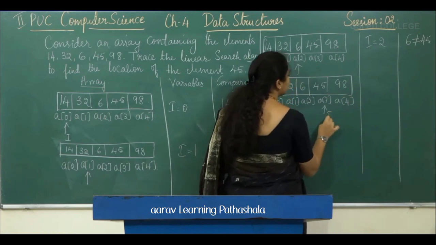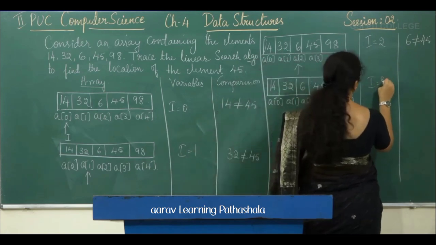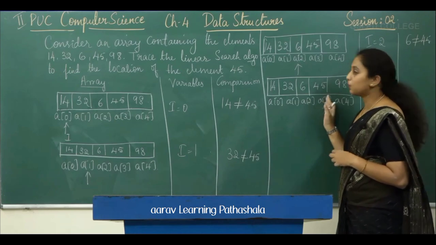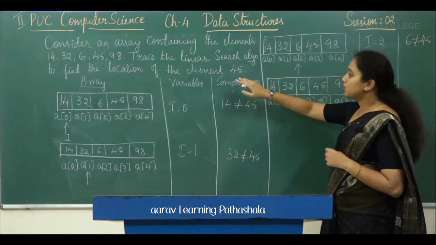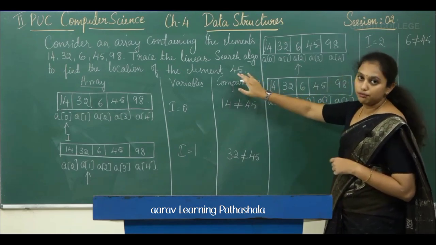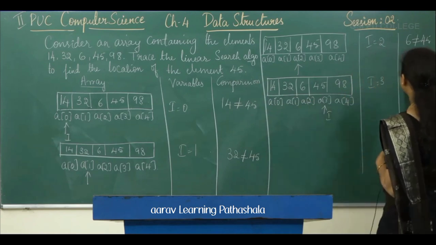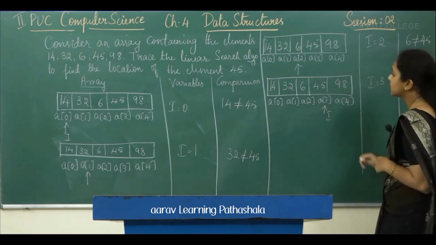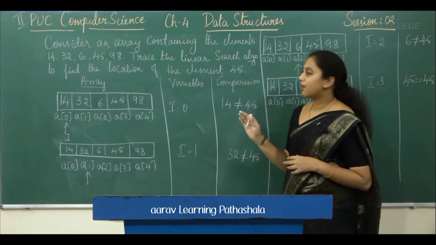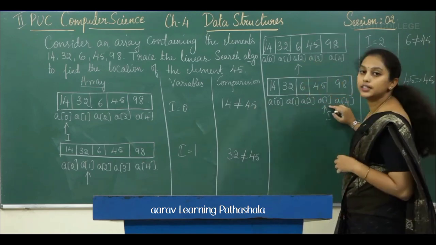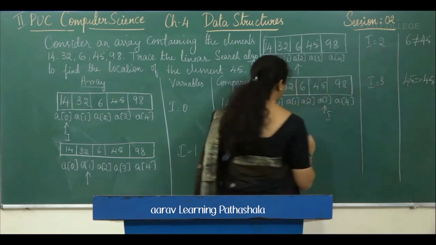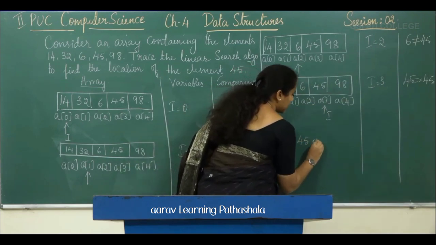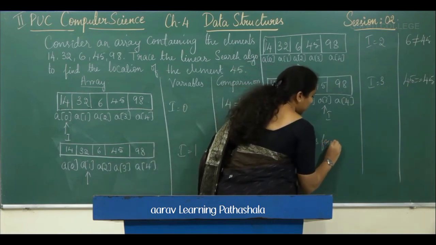Now I becomes 3. I am comparing A of 3, which is 45, with the search element. The search element value is 45, hence 45 is equal to 45. Hence 45 is found in location 3.